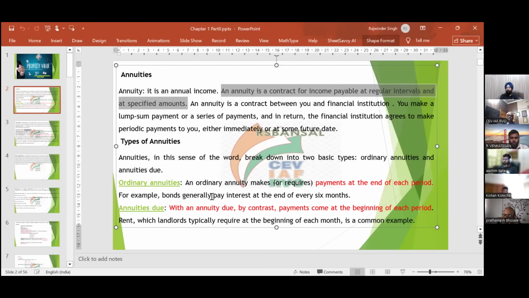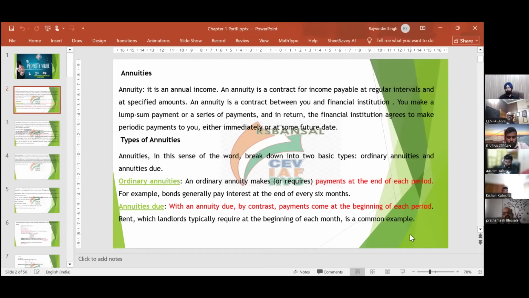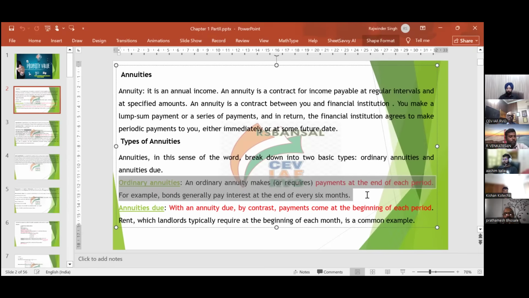Rent, which landlords typically require at the beginning of each month, is a common example. This is a term we will be using many times. Most of the time we will be dealing with rent, but we will assume it to be an ordinary annuity. We will do all the calculations by assuming it to be an ordinary annuity.